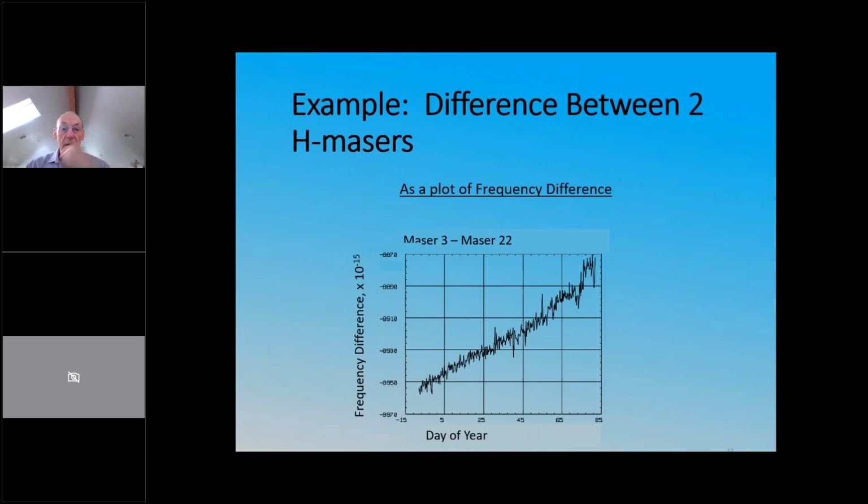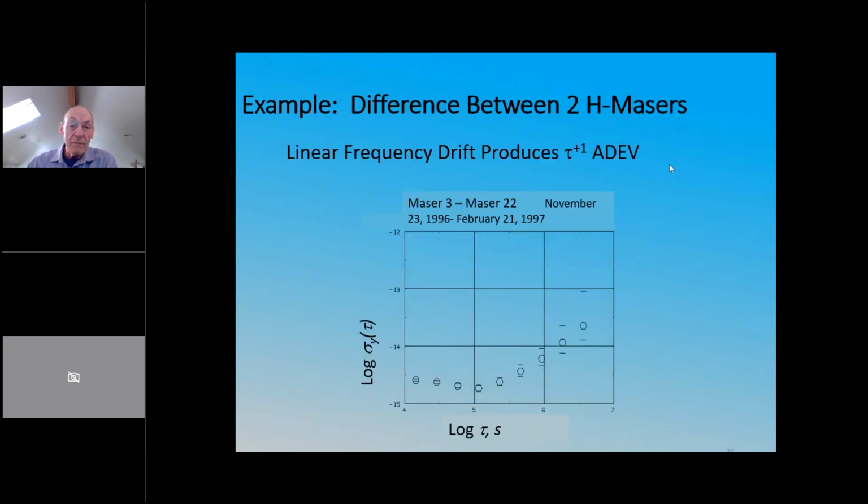And so going back to our example, remember this is what the frequency data looks like between these two masers. If we compute the Allan variance or the Allan deviation of this, you see here's the +1 slope on the log-log plot. And so this dominates the long term, and that means that we're looking at linear frequency drift in the long term.